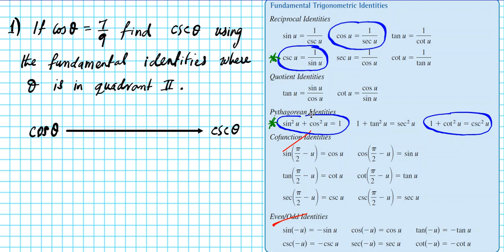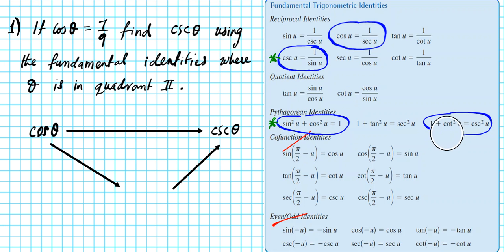Okay? So we can't have a direct connection. We need to make use of multiple. So what we're going to do first is go from cosine to sine using our Pythagorean identities, and then from sine we'll go to cosecant using the reciprocal identities.